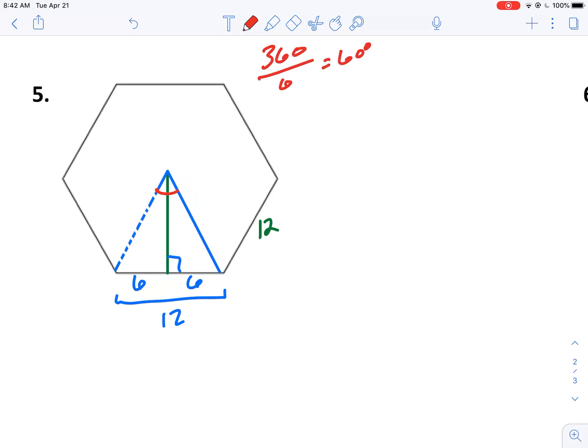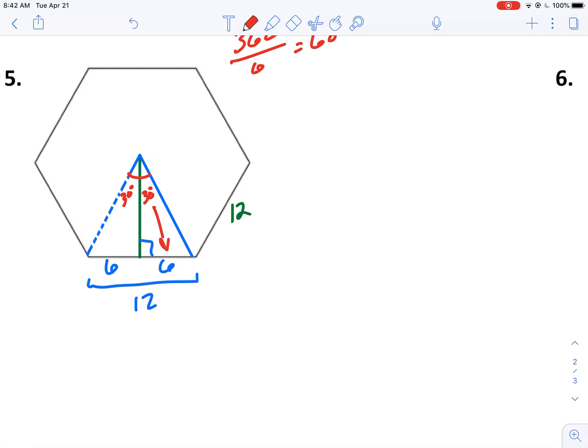And let's find our central angle here. So I've got a 6-sided shape. So 360 divided by 6 is 60 degrees. And we said each half is going to be 30, or half of 60.